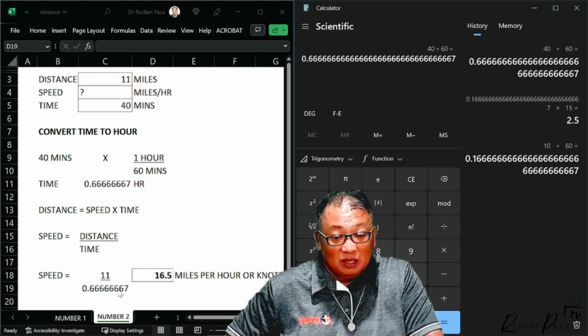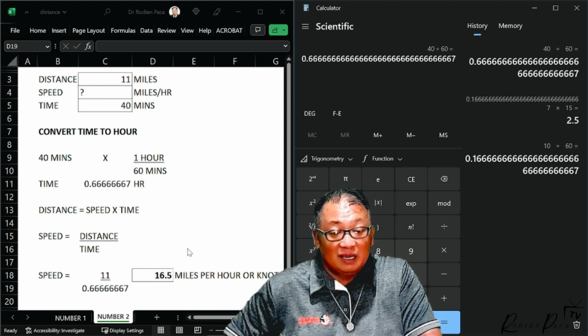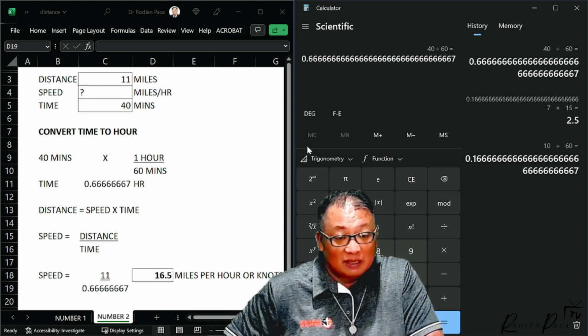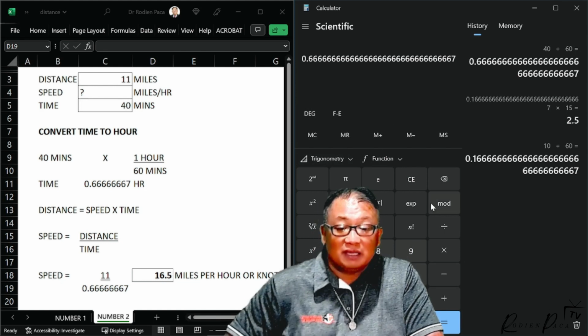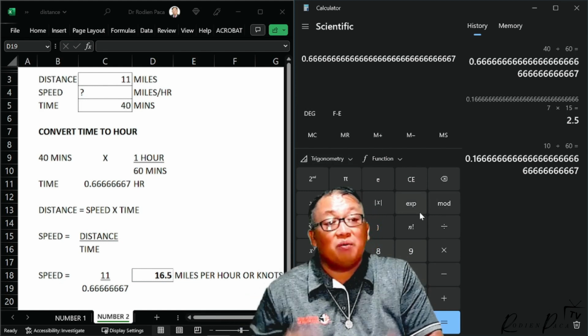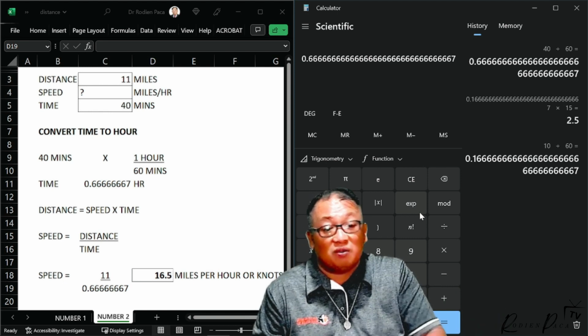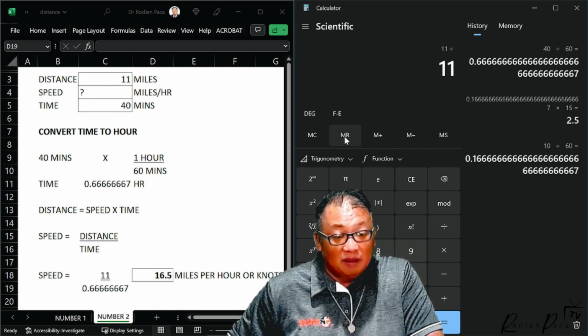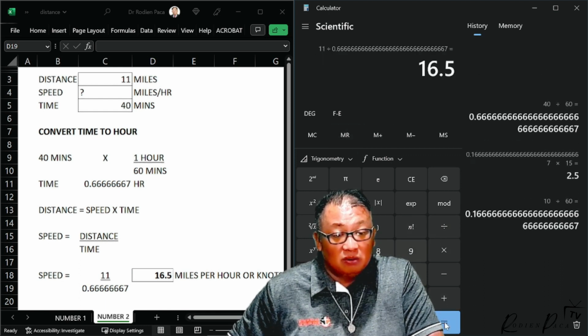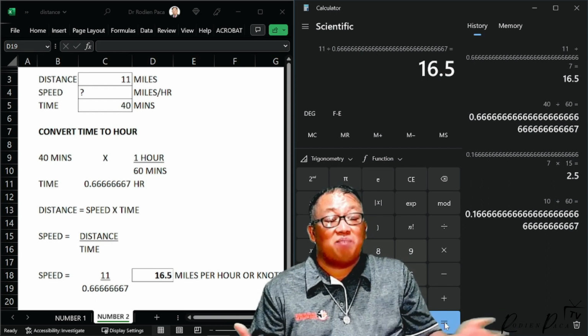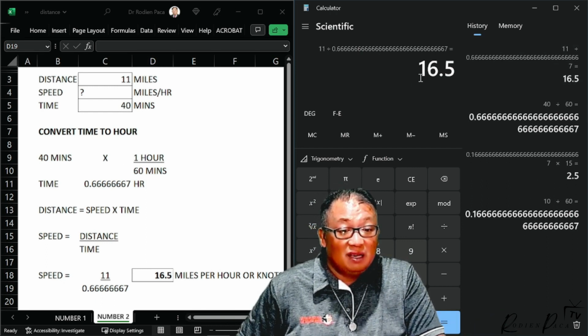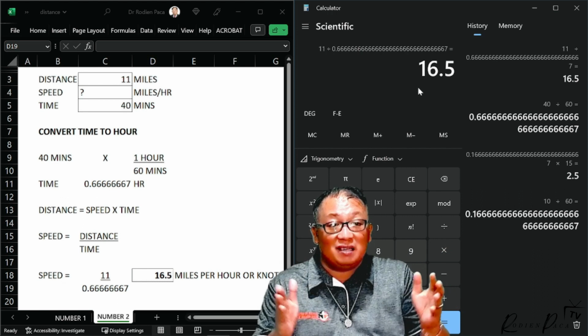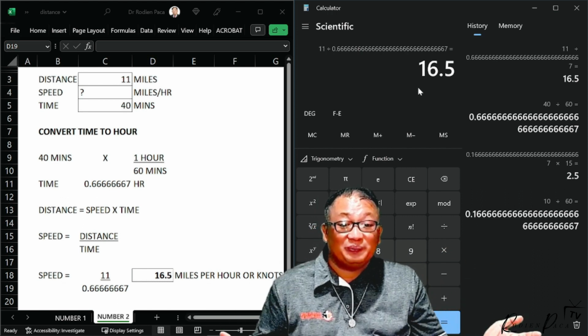But this is the divisor, so I would just put this in memory plus, because later I would use speed equals distance over time. So the distance, which is 11, divided by the memory recall, will give me 16.5. See, 16.5. Excel and calculator.